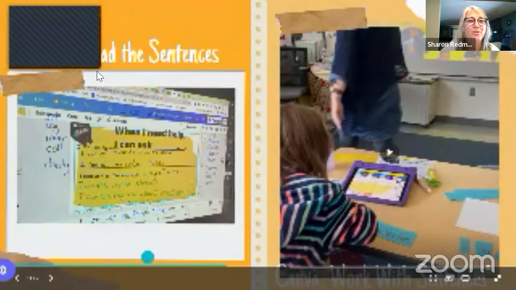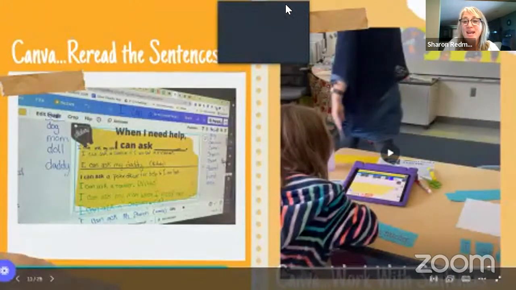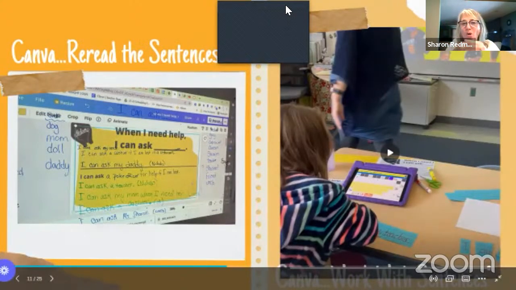So a lot is going on there in that video. I hope that you were able to see a few pieces, but this is where the teaching happens. This is where the reading happens and the writing comes together and the speaking and the listening all intertwine. That's why I love writing so much with my students.